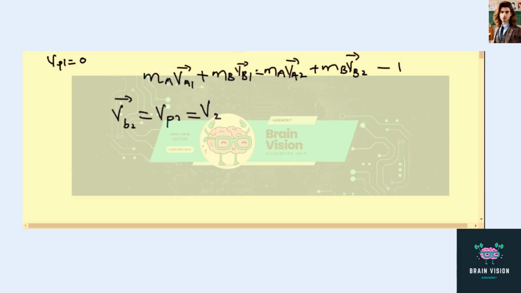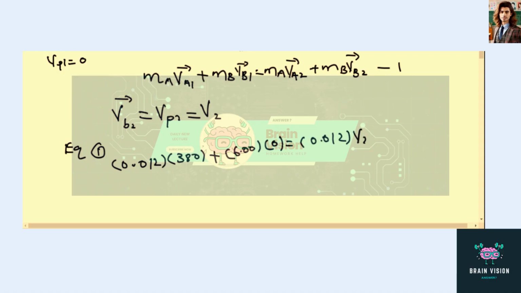Now let's plug the values into equation number 1. Then we have 0.012 into 380 plus 6.00 into 0 is equal to 0.012 times V2 plus 6.00 times V2.